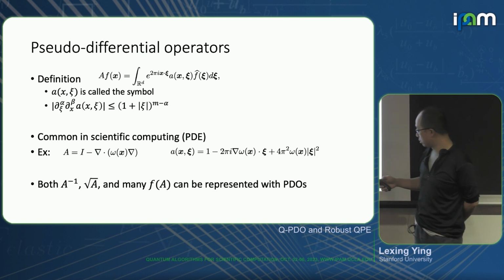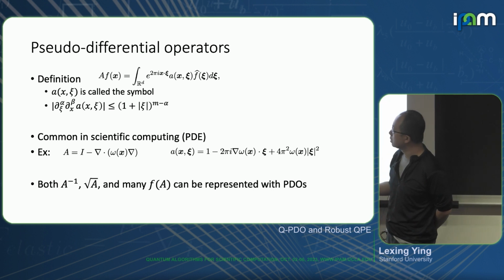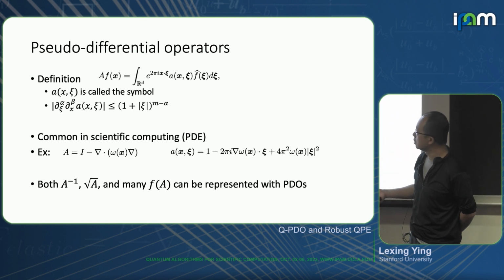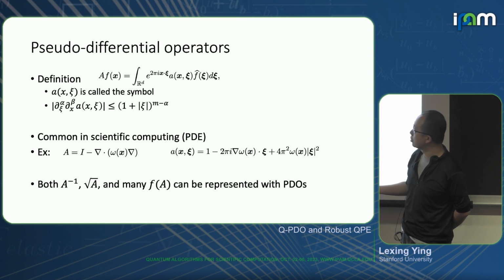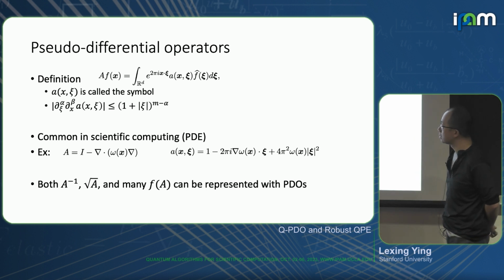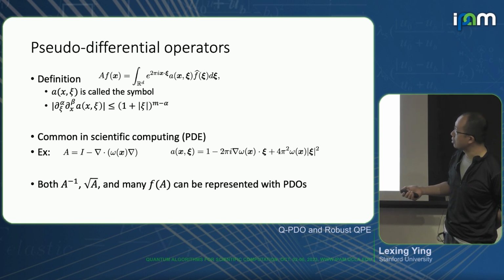So for example, here I'm giving you probably one of the simplest elliptic operators. You have some coefficient ω, and this is an elliptic operator in divergence form. You take the gradient, multiply by ω, and take the divergence. I put this 1 in order to avoid zero eigenvalues, so this is a strictly positive definite operator.